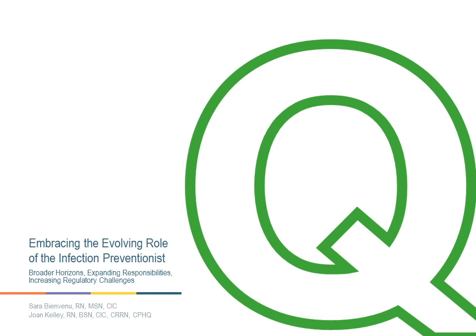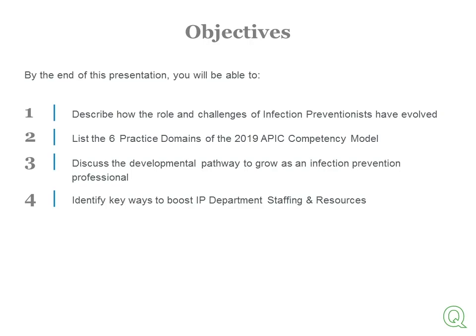We are going to take a look at the evolving role of infection prevention, the drivers behind the changes, and how we can embrace and advance both ourselves professionally and infection prevention as a profession.